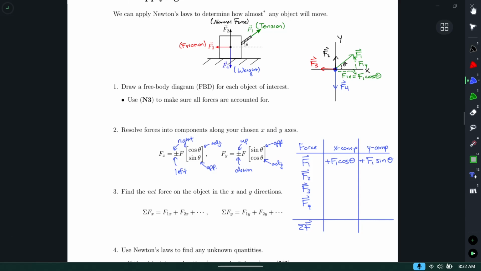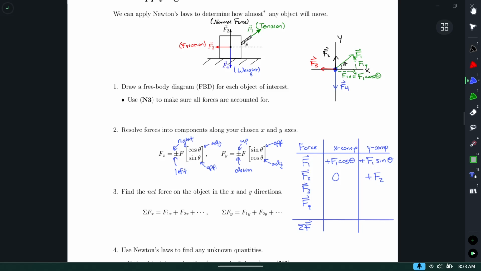Okay, what about F2? Zero for x and positive F2. Yep. And here, I do get the question sometimes of why don't we use sine or cosine? You could if you wanted to. So in this case, we've got F2 at 90 degrees to the x-axis. What is cosine of 90? Zero. And sine of 90 is 1.